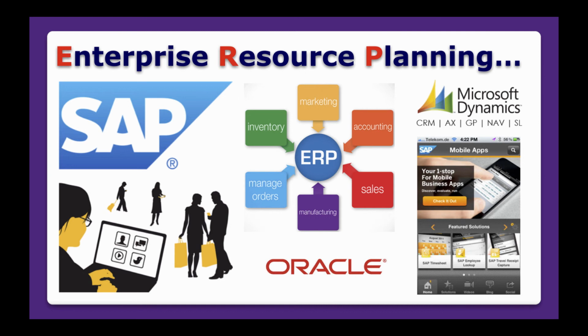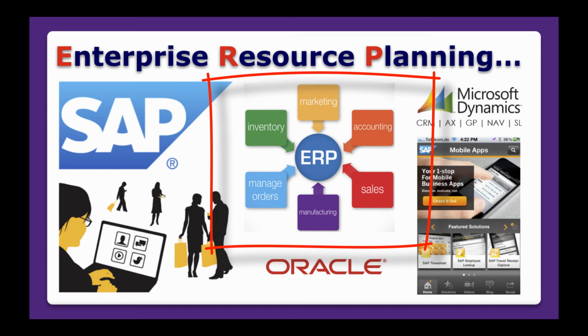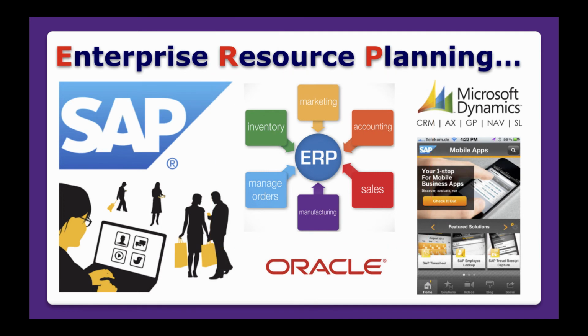So in the enterprise resource planning section, we're going to look at the control of inventory, marketing of products, accounting for what's been bought and sold, the selling of products or services, manufacturing of goods, and the management of orders.